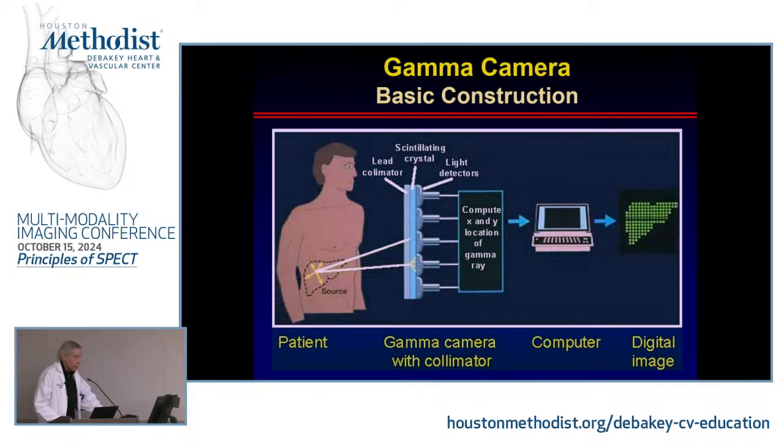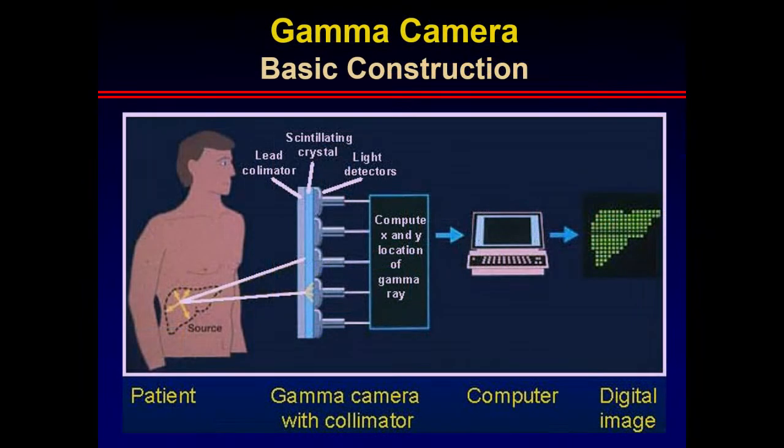So when you image anything, whether it be a liver or a heart, there are several basic concepts in terms of what we have in terms of the scintillation cameras. You always have a crystal, and a crystal is what absorbs the photons that come through. In many systems nowadays, we're getting away from this, but in many of the more recent systems that people are still using, we've had lead collimators, which kind of direct which photons are those that we accept.